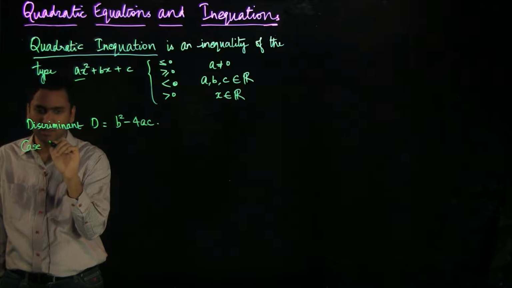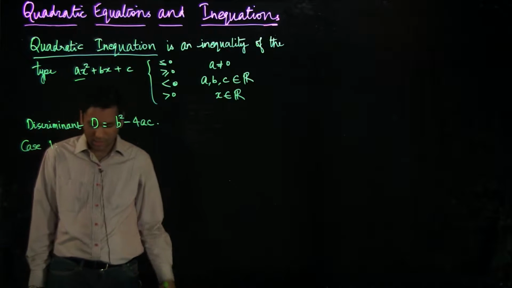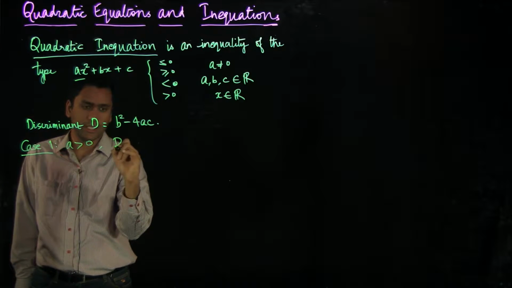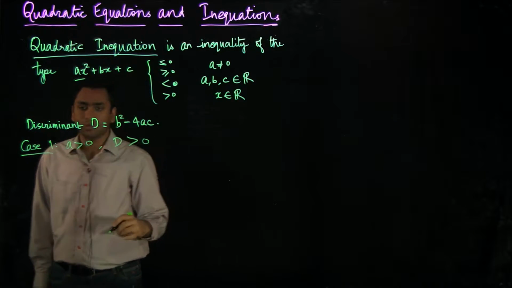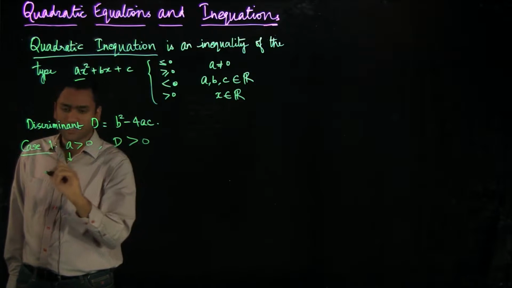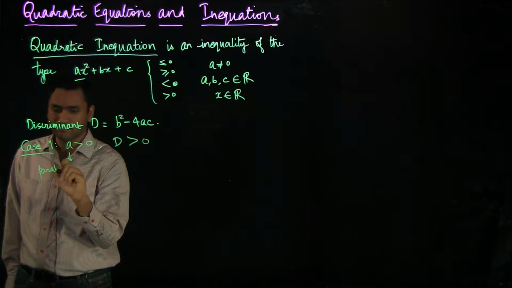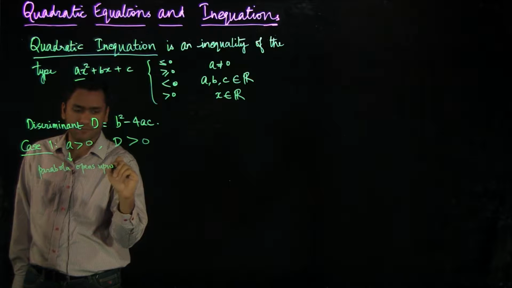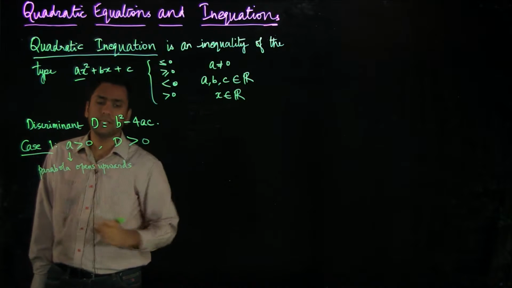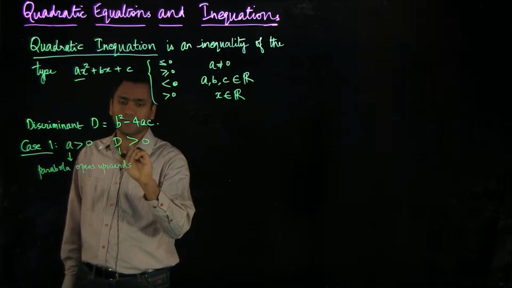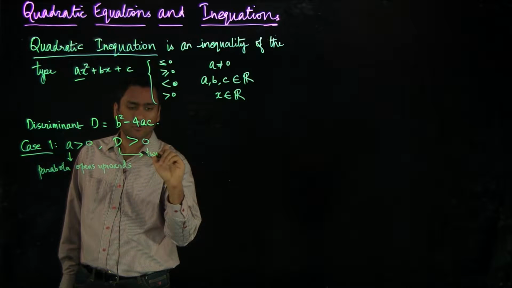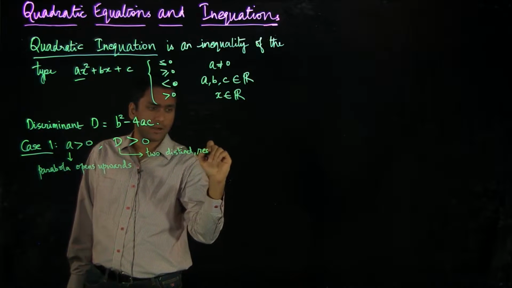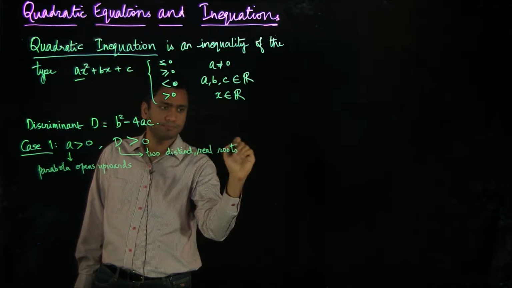So case 1 is when a is greater than 0 and d is greater than 0. So a greater than 0 means that the parabola opens upwards, and d greater than 0 means that there are two distinct and real roots.